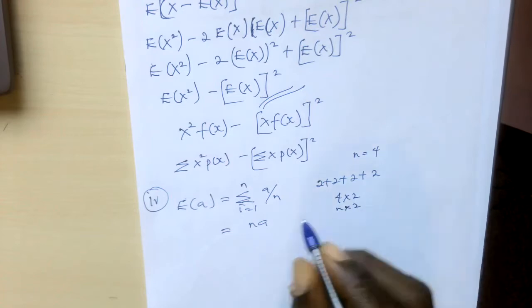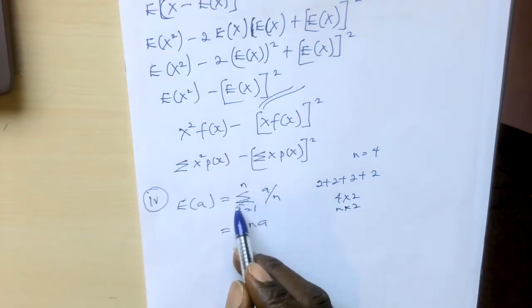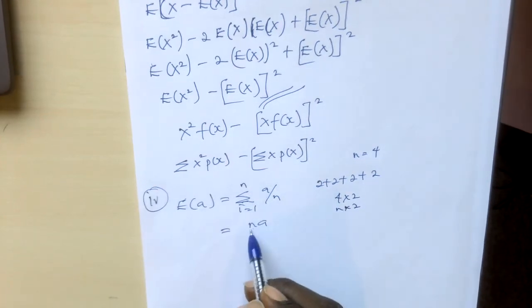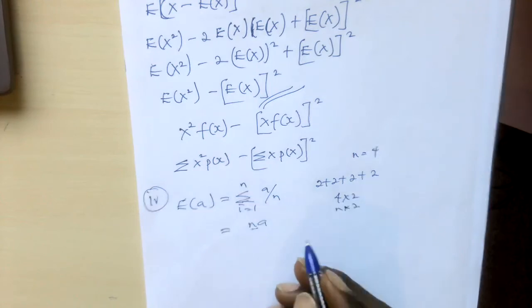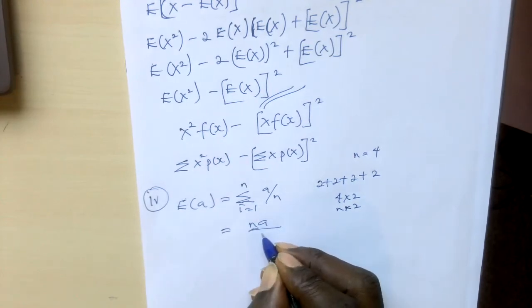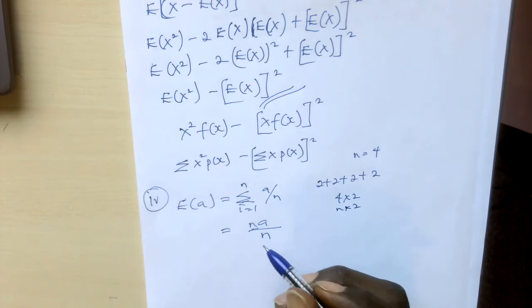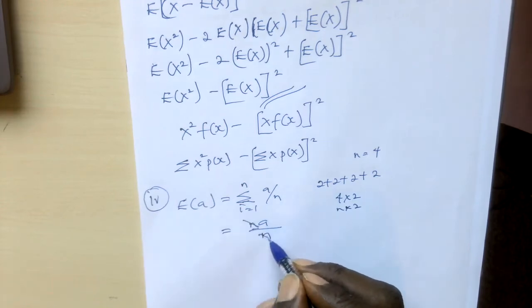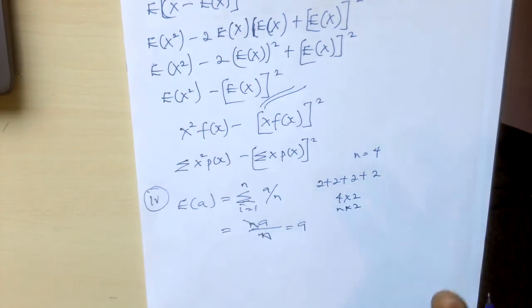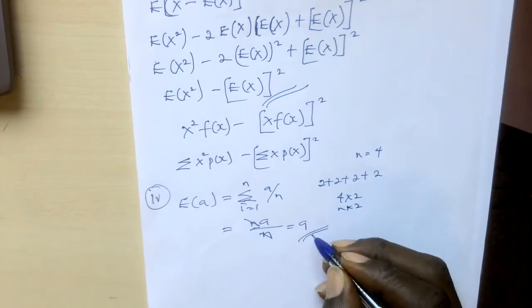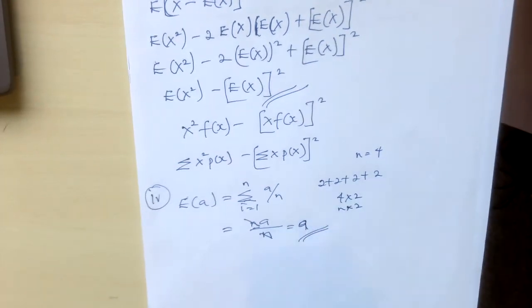Because a is a constant, the summation becomes n times a. Now it's divided by n, so the n cancels, and we arrive at the a we are asked to prove, which is proved there.